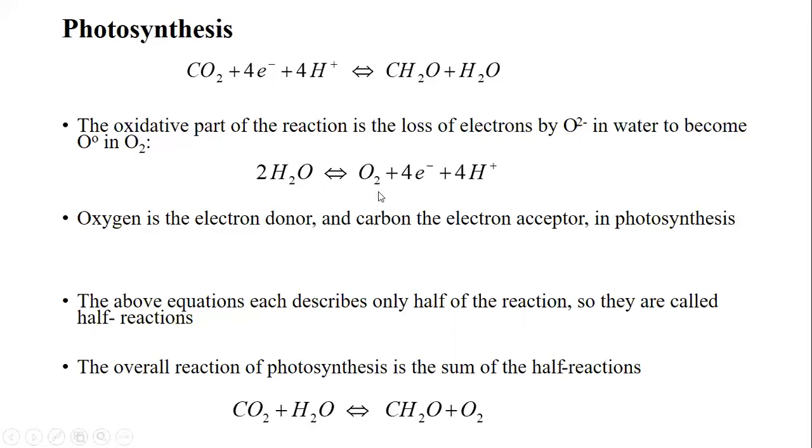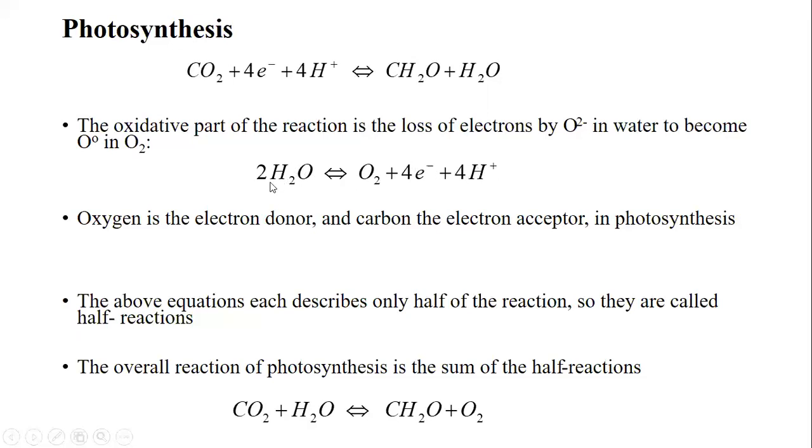It becomes O2 with 0 valence, plus 4 electrons, plus 4H. Remember, when you balance a chemical equation, the positive and negative has to be the same. So 4 positive charges from hydrogen and 4 negative charges from electrons will give you 0. So you have equal negative and positive.